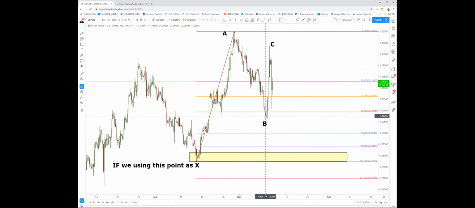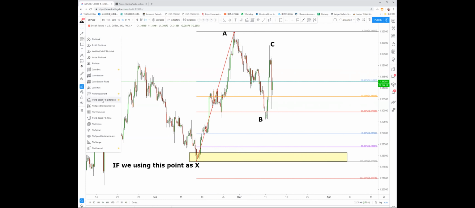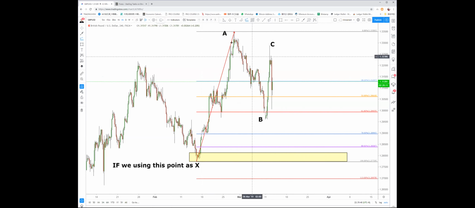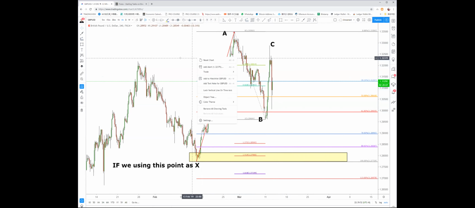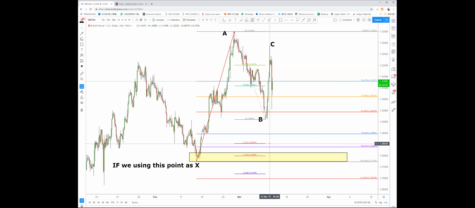Doesn't that make sense? So you actually have a clue why the price fell to the B point at the 618 and then rallied back to C. Yes, you have a very nice memory. So we have our potential Gartley pattern here, and we just need to measure the fib extension 1.272.